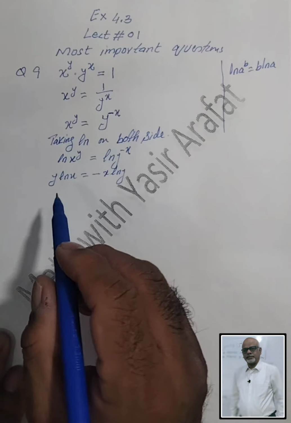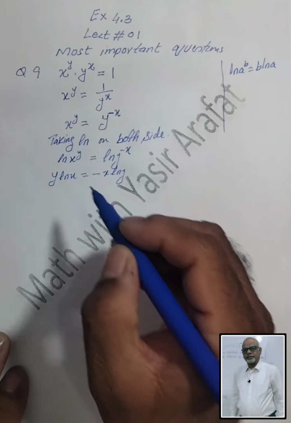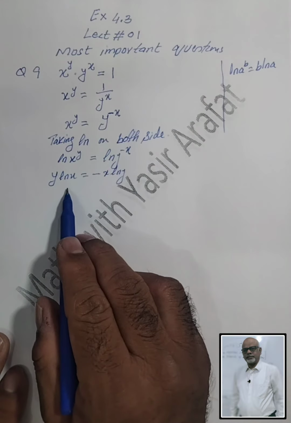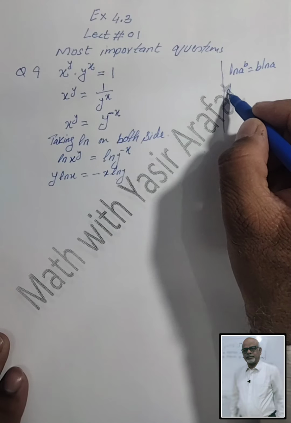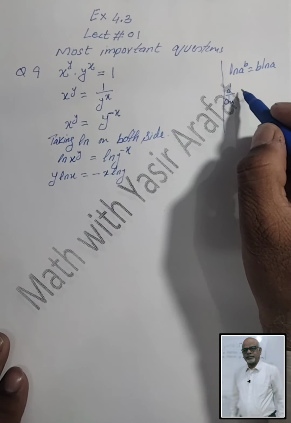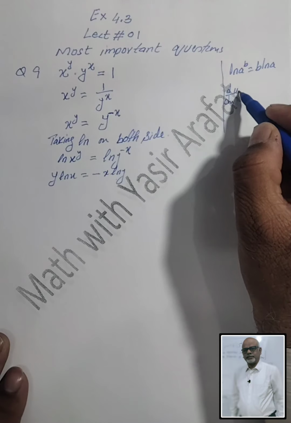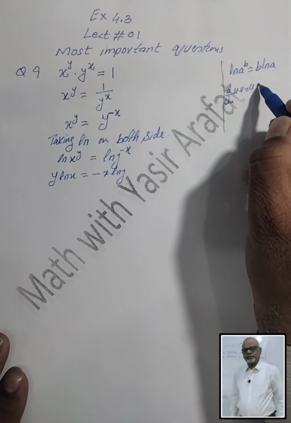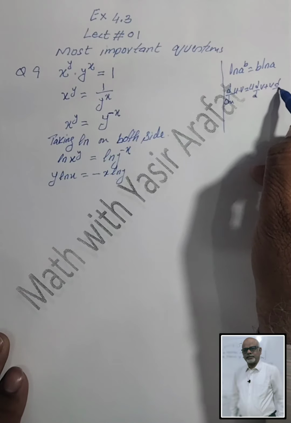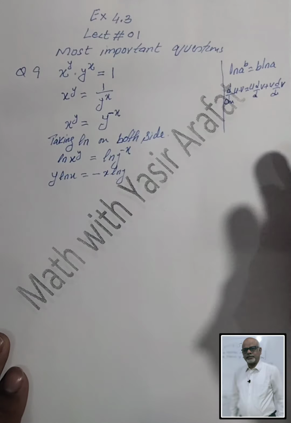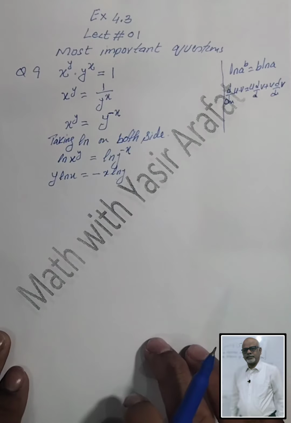Now here again we have to apply the u into v formula on the left hand side as well as on the right hand side, the product rule which we have discussed in the first question. So this is the product rule again, u as it is, derivative of v plus v as it is, derivative of u. Two functions are in product form.